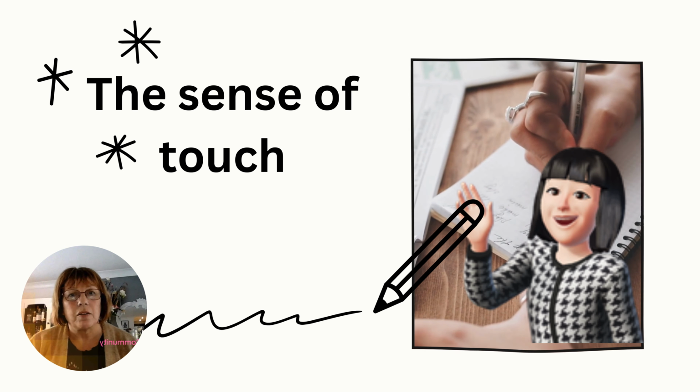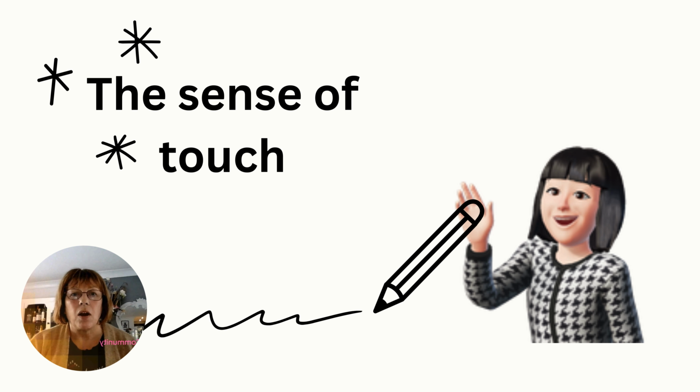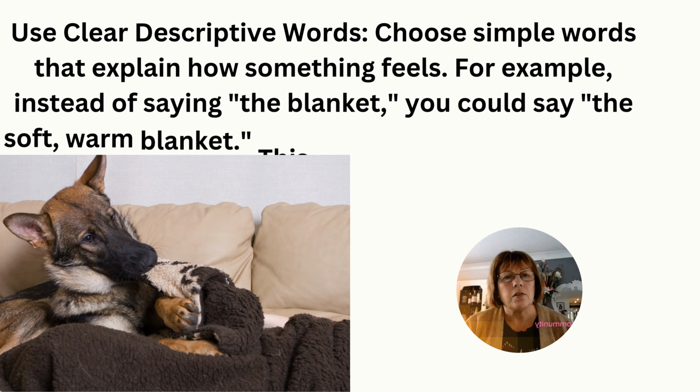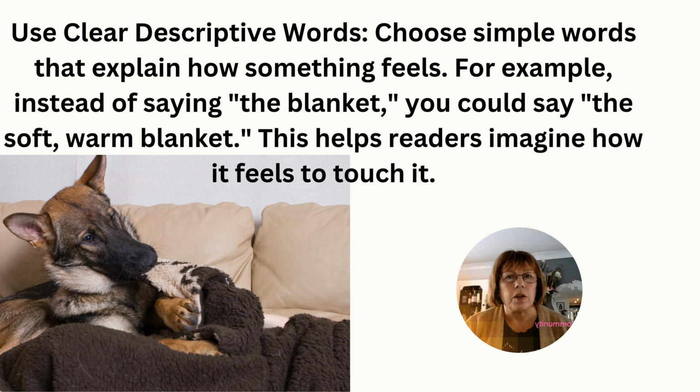The next part of the video contains tips on how to use the sense of touch when you're describing. For touch, you need to use clear descriptive words that identify feeling.